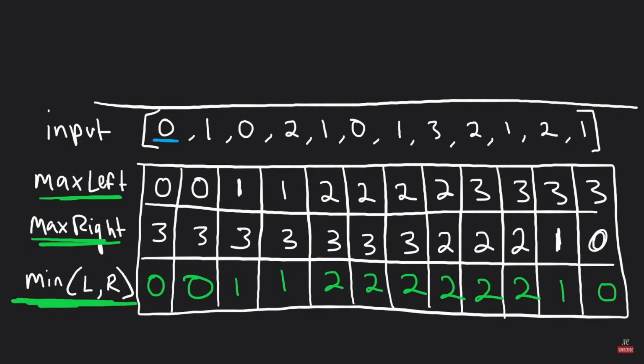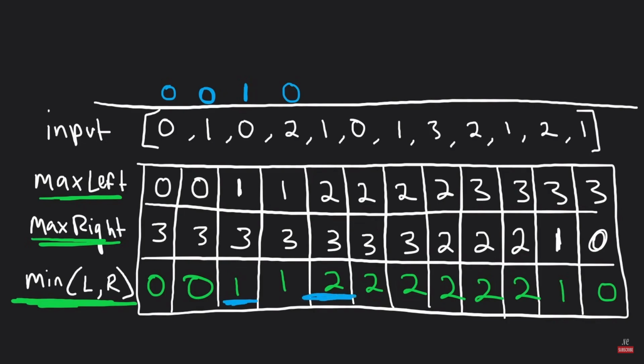So here, the amount of water we can trap is 0. Here we have 0 minus 1. That's going to be negative 1, but we don't count negatives, so the amount of water we can trap here is 0. Here we have 1 minus 0, the height at this position, so we can actually trap 1 water in this position. Here we have 1 minus 2, that's going to be negative, so we can't trap any water here.